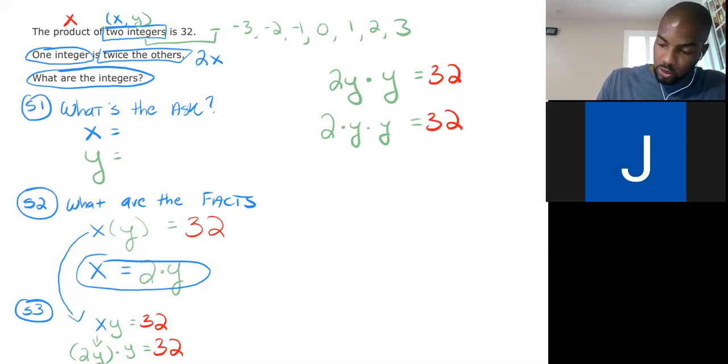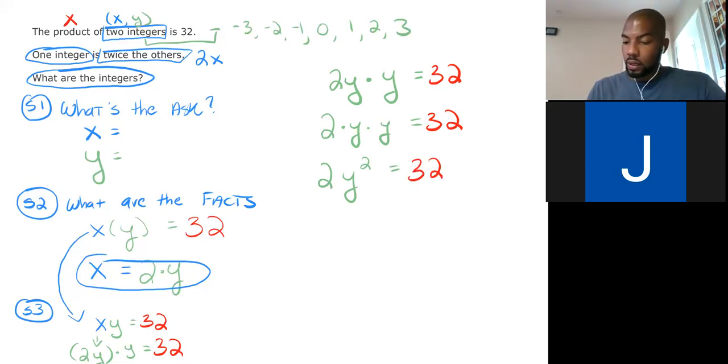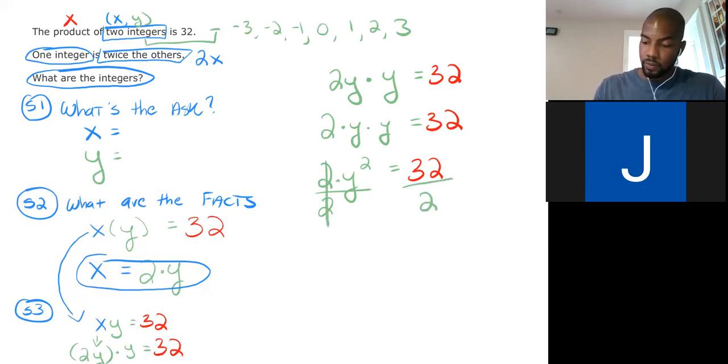So that becomes 2 times y squared, and that's going to equal 32. Then I need to remove this 2 by dividing, because it's multiplying, so the inverse is dividing. 2 divided by 2, 32 divided by 2. I get y squared is equal to 32 divided by 2, which is 16.